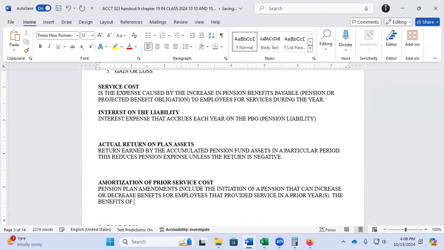Benefits of which are expected to be recognized over the future service of the affected employees.